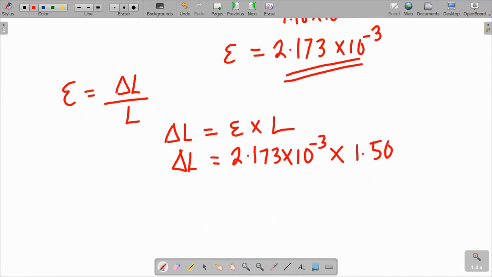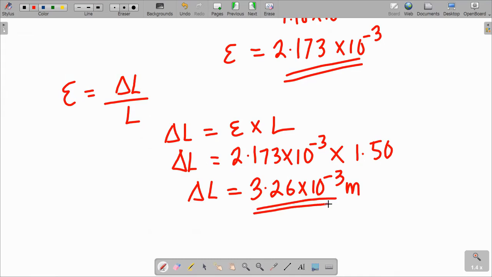Now the change in length is going to be equal to 3.26 times 10 to the power of minus 3 meter. Since it is change in length, it's going to be in meter. So this is the answer to the question.